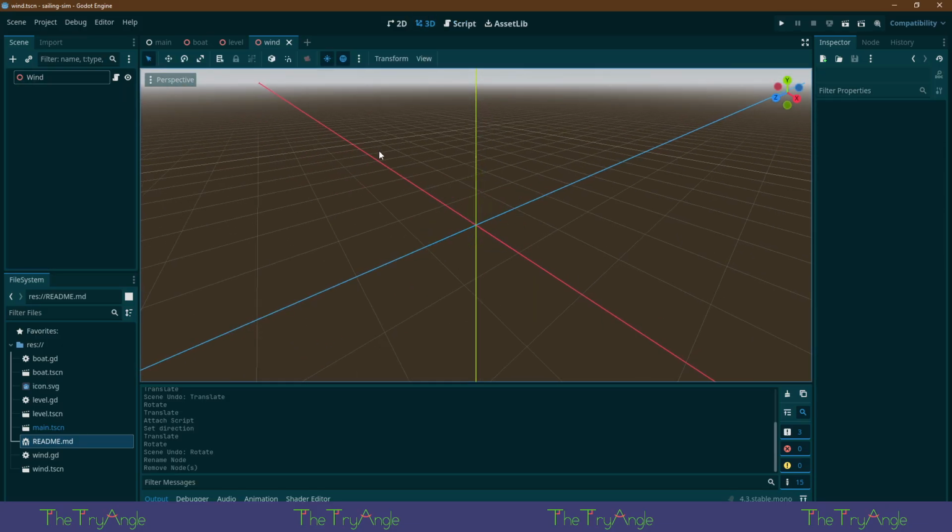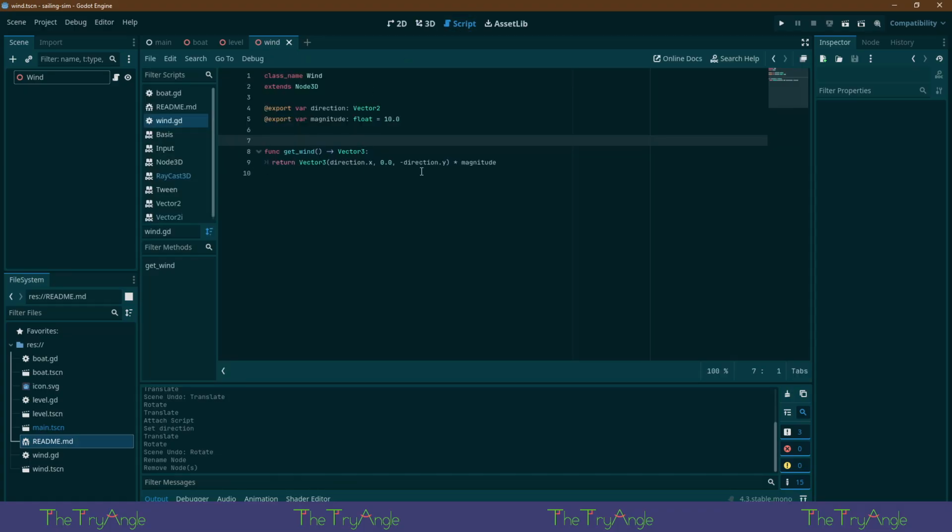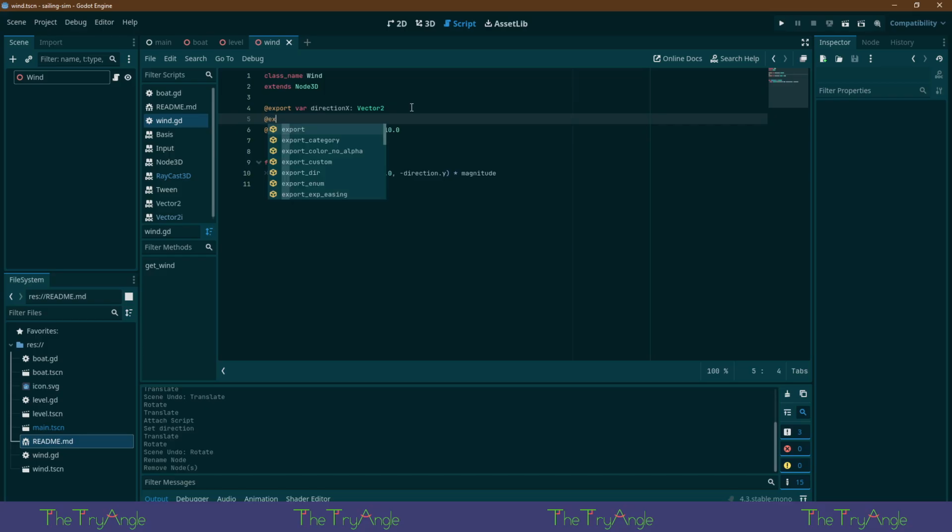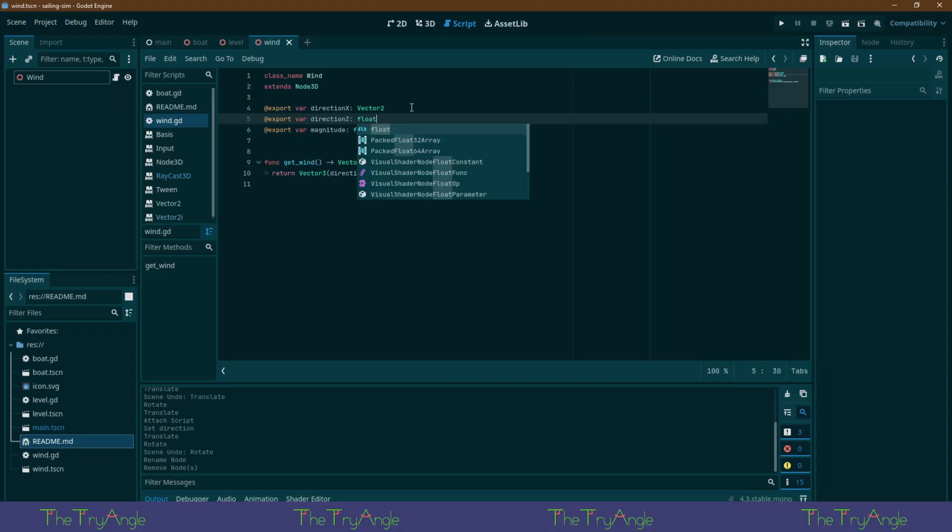We're not going to have anything displaying the wind. Instead, we're just going to set it to a value which should exist. In fact, I feel like the direction is a little confusing, so I would just say direction X and direction Z, just so there's no confusion over which is which.